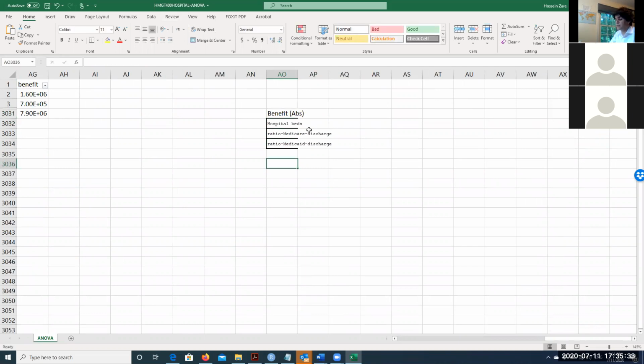And this is the formula, right? Usually we say a formula like this: beta 1 x1 plus beta 2 x2 plus beta 3 x3 plus error term, right?